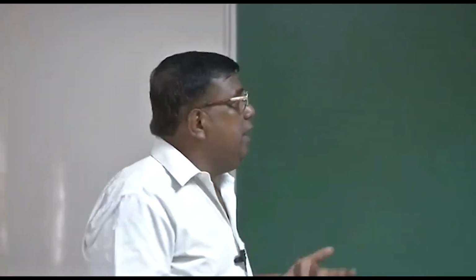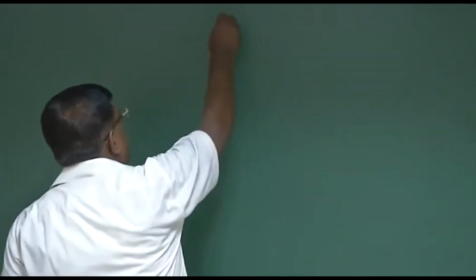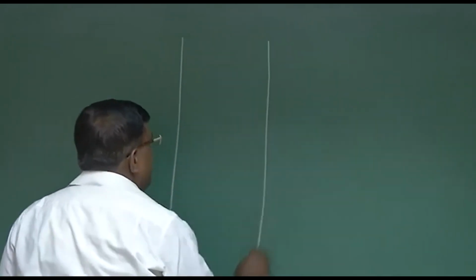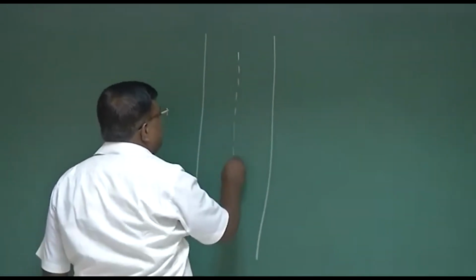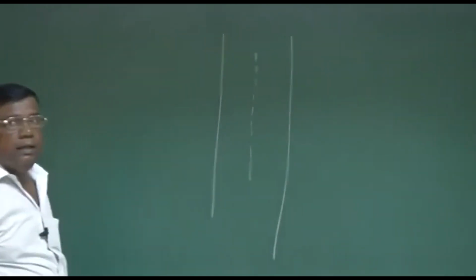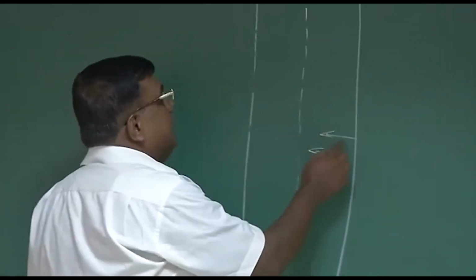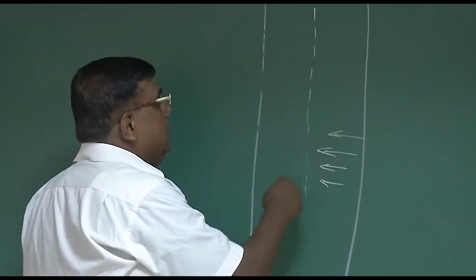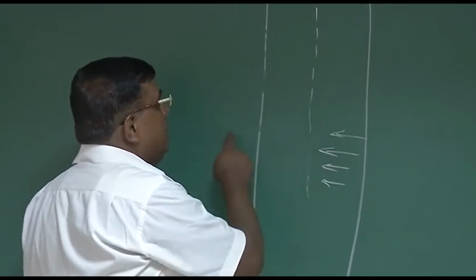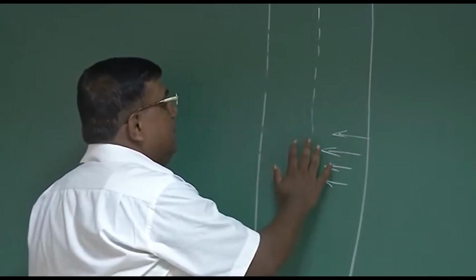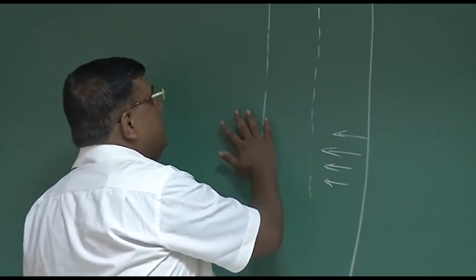So let us see what the aim is. Aim is, suppose this is the airstrip. I am taking the top view. And the pilot is to land here somewhere, the central line, let us say. Suppose the pilot is trying to land like this and there is a crosswind, whether from this side or from that side. So there will be a tendency of the airplane to be drifted this way or that way.